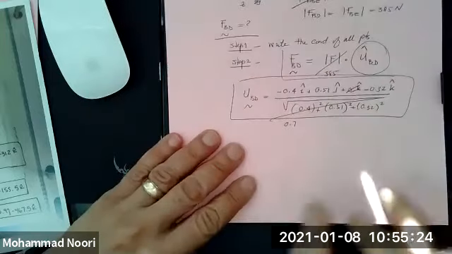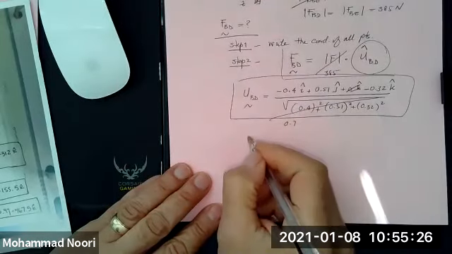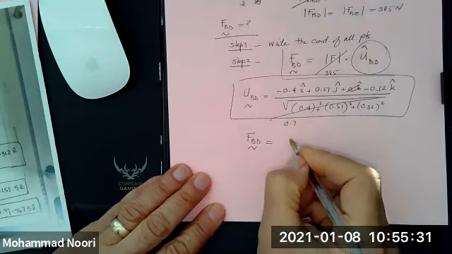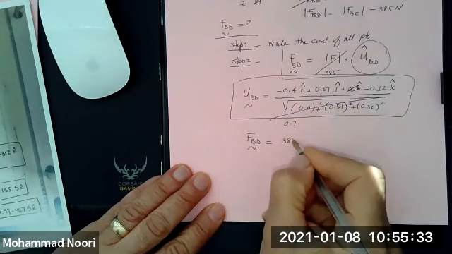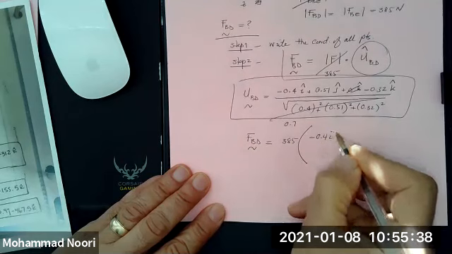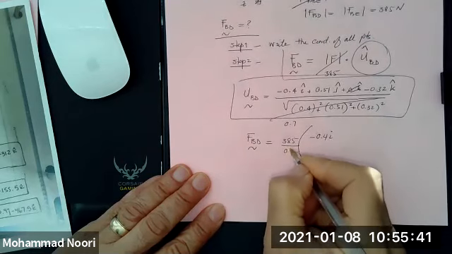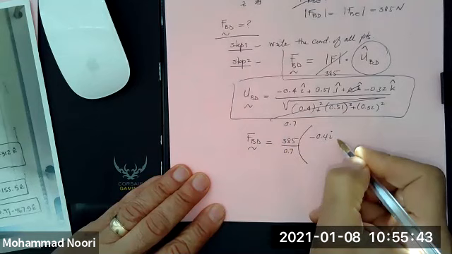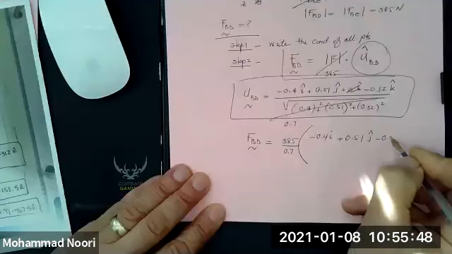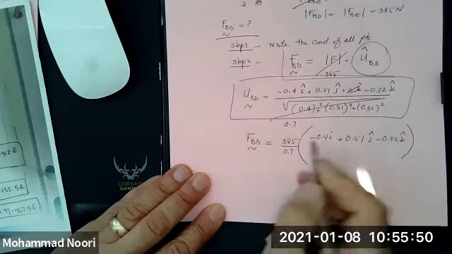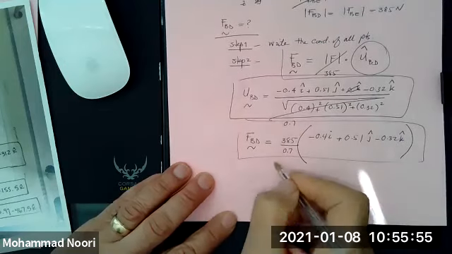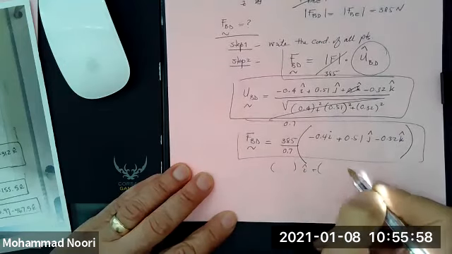But anyway, now that you have the unit vector, you can simply write the vector equation, which would be 385 times negative 0.4 I, divided of course by 0.7, which I can factor out, plus 0.51 J minus 0.32 K. Of course, you can perform the multiplication and find the equation in this form.